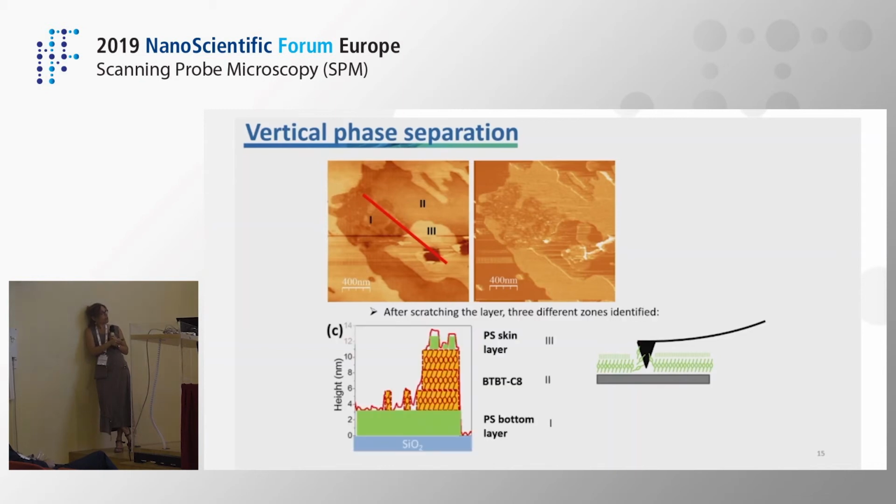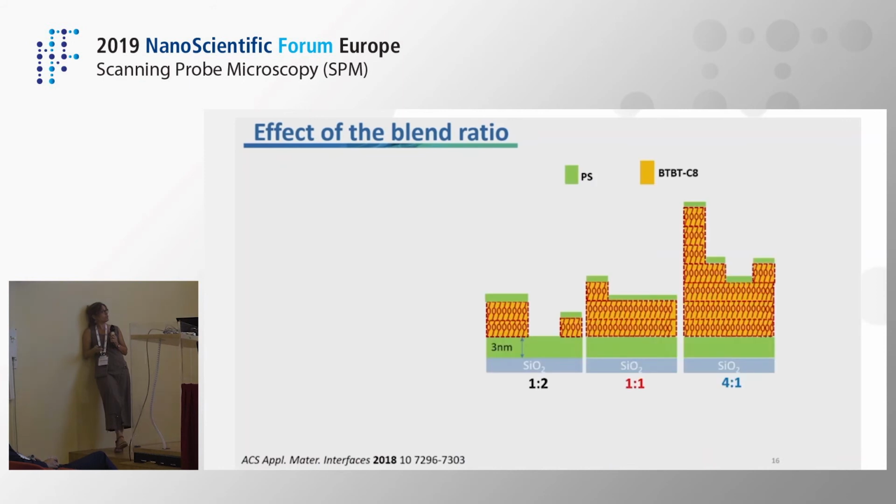And with this, we can obtain the phase separation of these two materials for this particular sample. So there is a bottom layer of polystyrene-rich material of about 3 nanometers, on top of which there is an incomplete layer of BTBT-C8, and on top of which there is this skin layer of polystyrene.